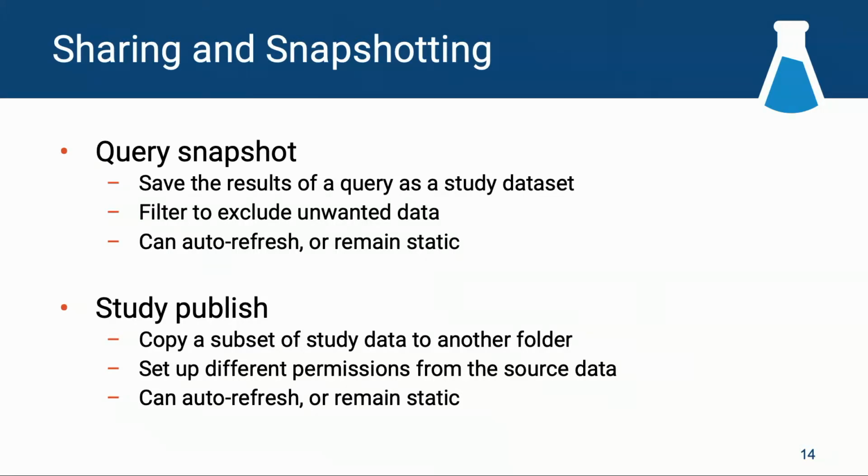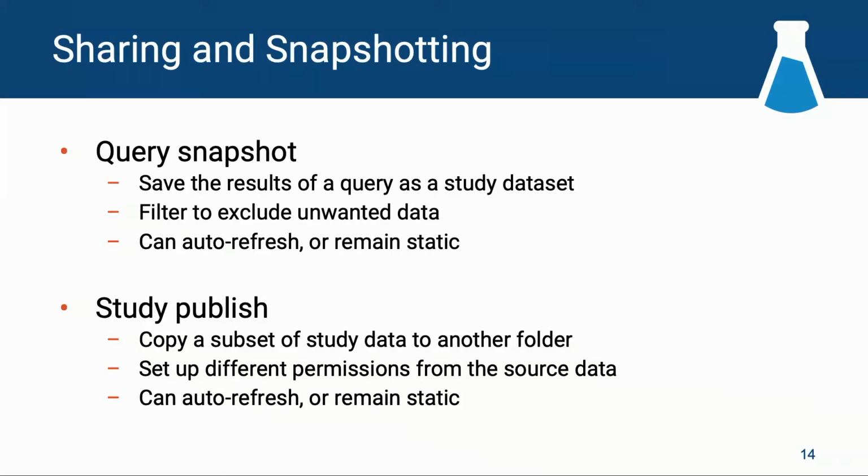And then maybe a more fully packaged approach that's pretty similar is study publish, where you might have a full LabKey study and you want to snapshot the entire thing instead of just one data set within it. So you can either copy the whole study or just a particular slice of it. Maybe you say, I only want data for these participants, I only want data in these 4 data sets, even though I've got 10 total.